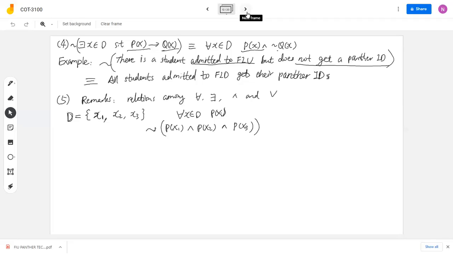If you have x1 and x2 and so on and xk, and you want the negation of this, it is not very hard to show, and we are going to learn how to show this later in this course, that this is equivalent to not x1, or not x2, and so on, or not xk.